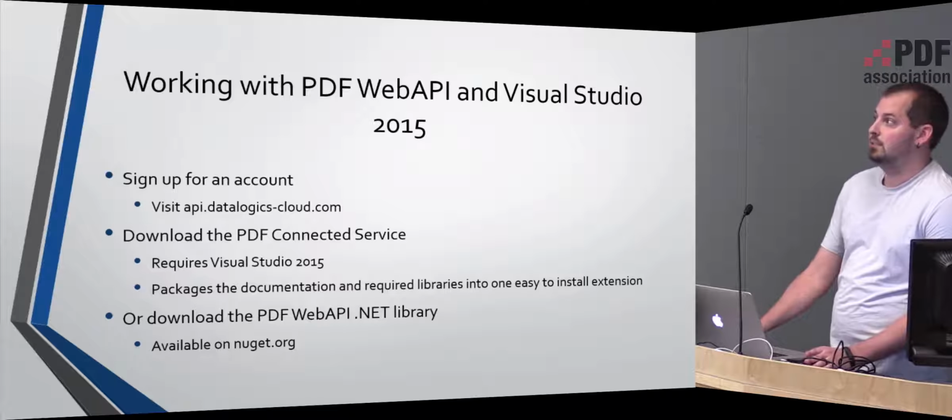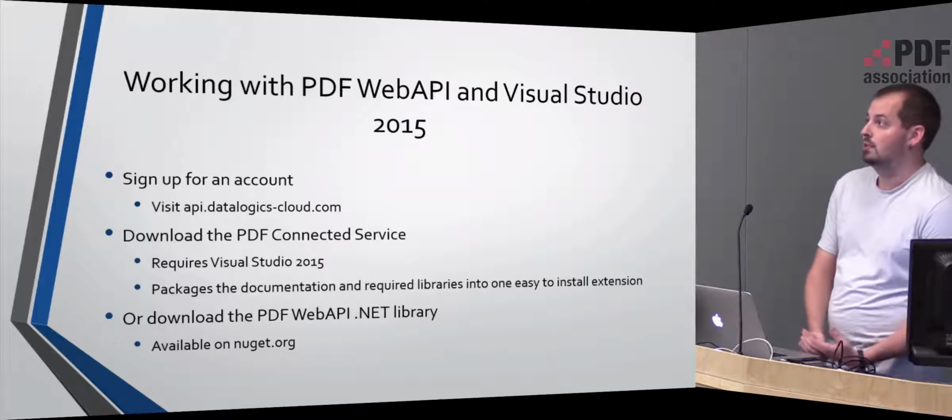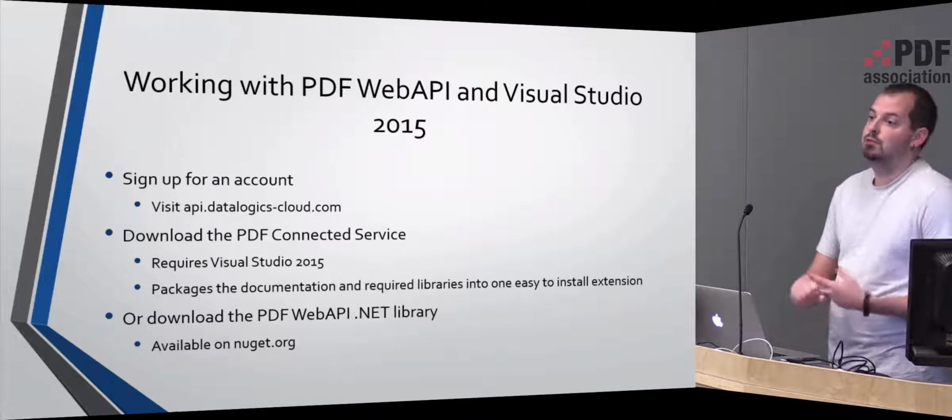A connected service is a package of documentation and the actual library, as well as doing the setup work in your project to get you started. It handles the authentication mechanism and builds that into your application, so you don't have to learn how to authenticate with this service.